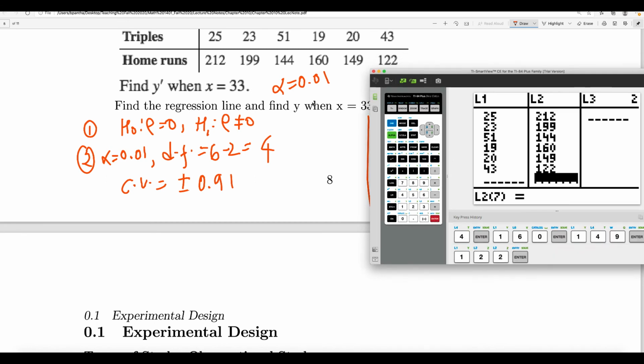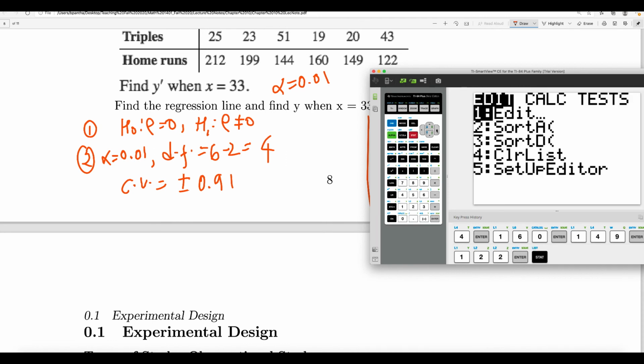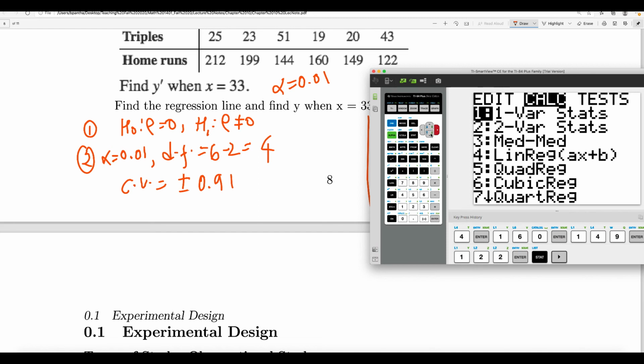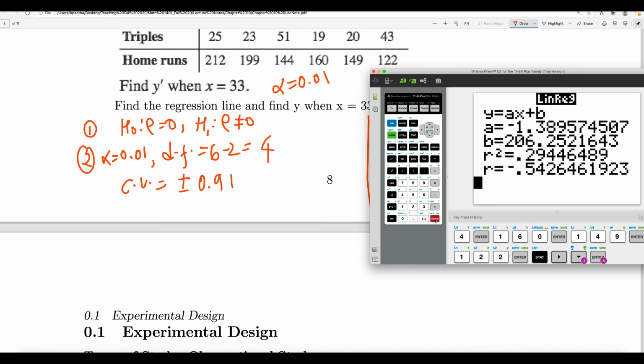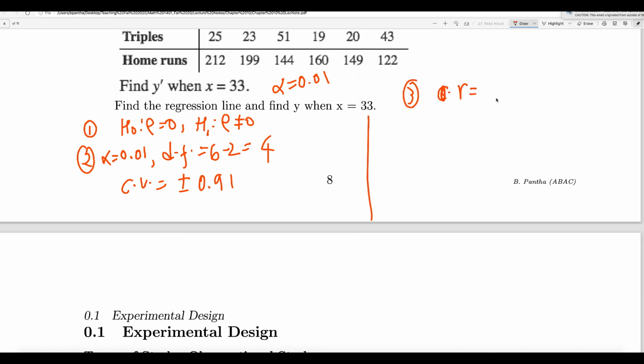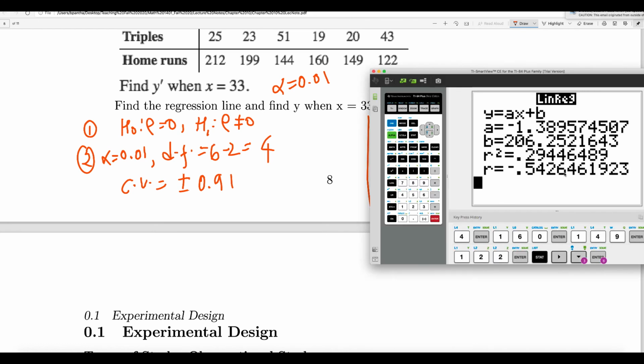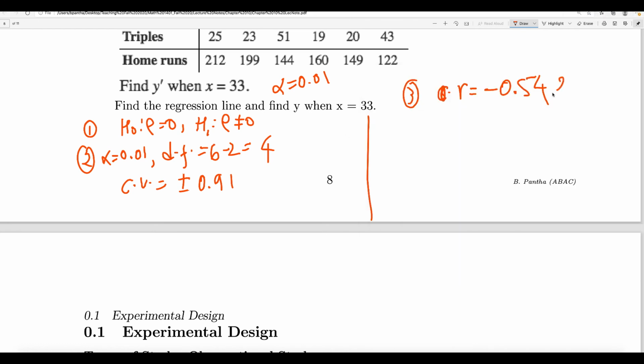Okay, so I entered the data in the calculator. To find out the correlation coefficient, you should do stat and then go to calc, and then go to linear regression. I am using ax plus b now. So these are the values of a and b, and this is the value of r. R is negative 0.54.